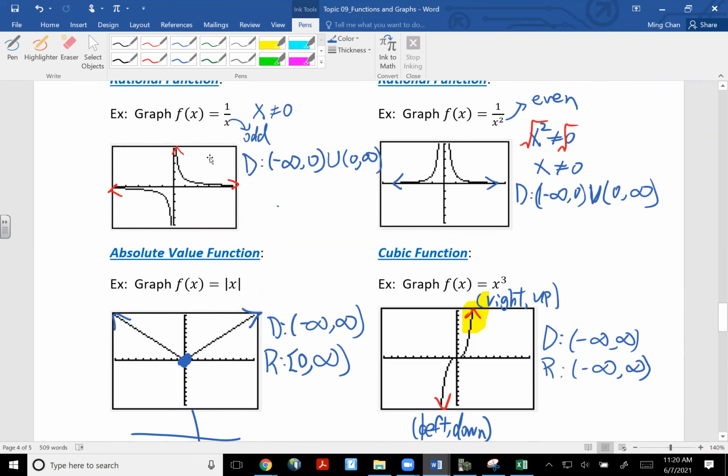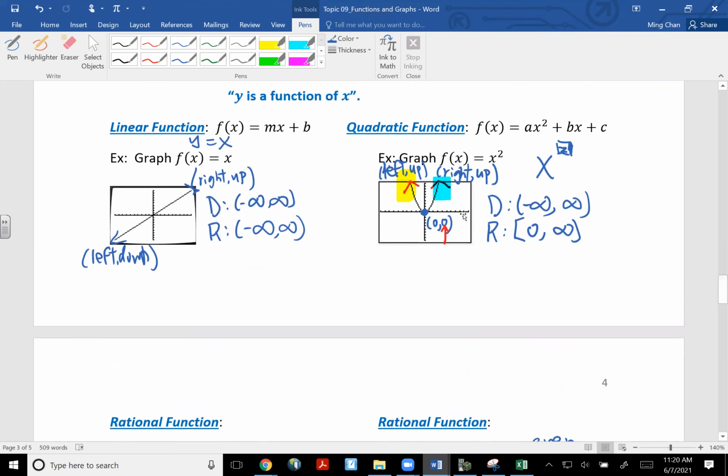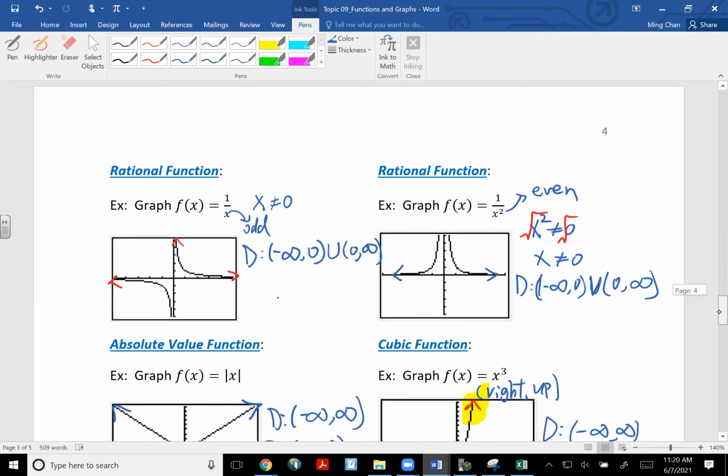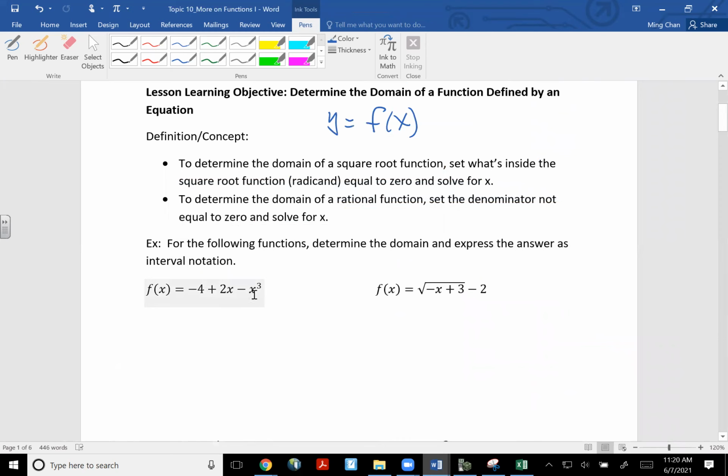I don't see any fractions, so those are out. So is it linear, quadratic, or cubic? It's not linear because I have an exponent higher than 1. It's not quadratic, because in a quadratic function the highest exponent is 2, and here the highest exponent is 3.